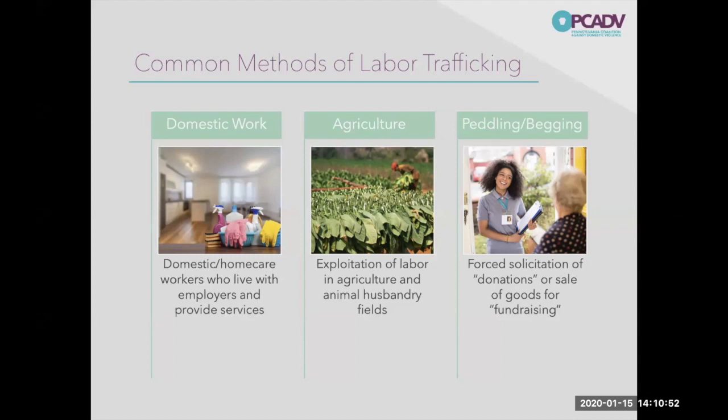And then there are also situations where somebody is brought here legally, but once they are in the home, their paperwork is confiscated. Anything that says they're here legally is taken from them, kept in a safe, and they're told, well, when you pay me back for bringing you here and getting all this paperwork, then I'll give that to you.